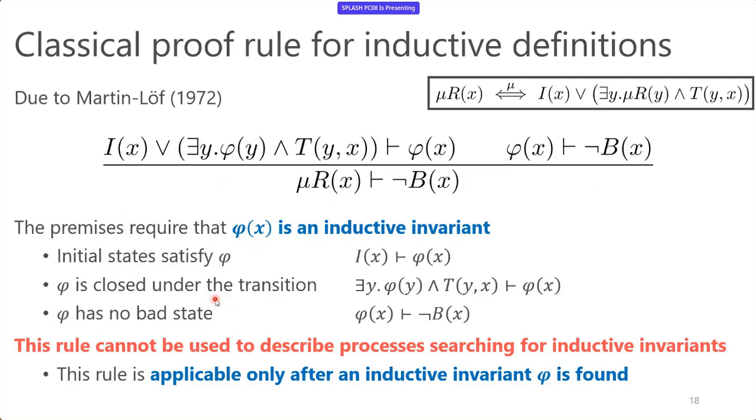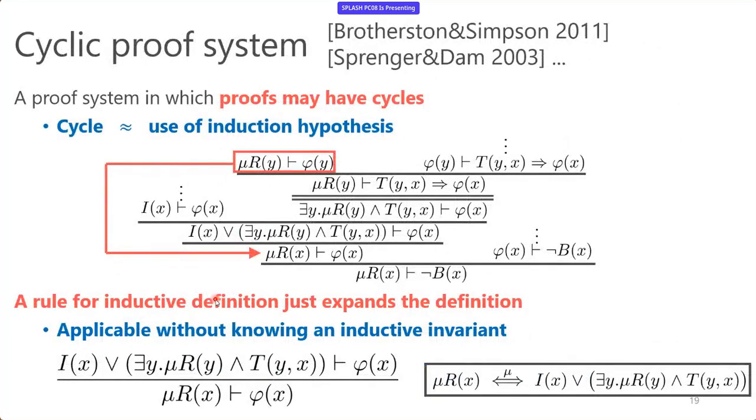Okay. So instead of this rule, we adopt a non-standard proof system called the cyclic proof system, which is a proof system in which proofs may have cycles like this. And a cycle intuitively represents a use of the inductive hypothesis. So we can make a link from an open leaf node to some ancestor with the same label.